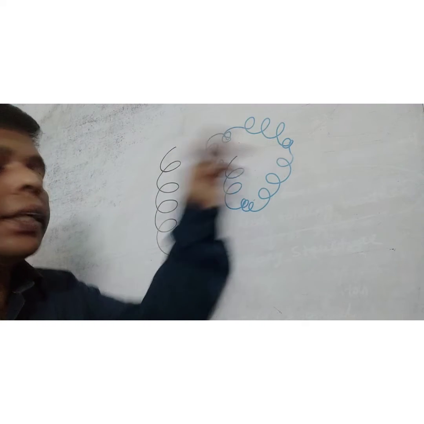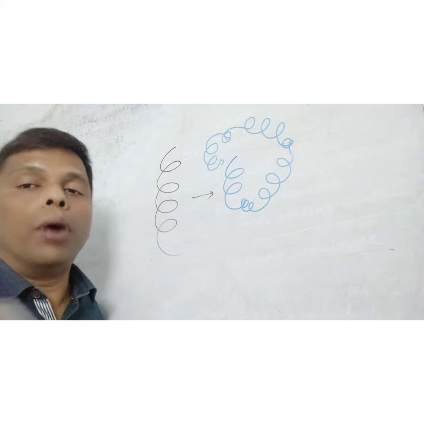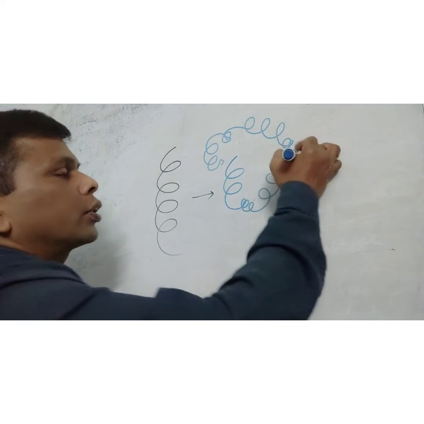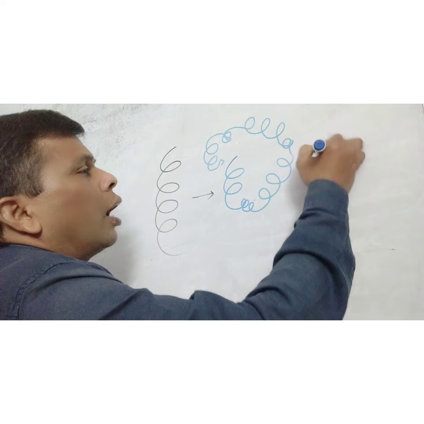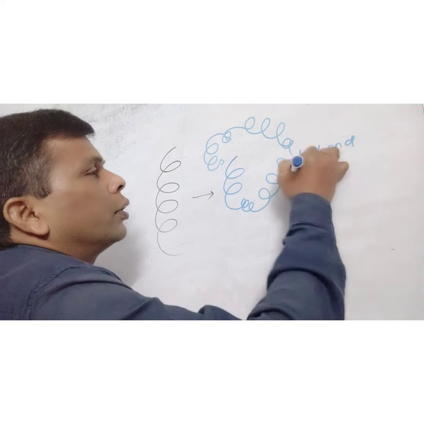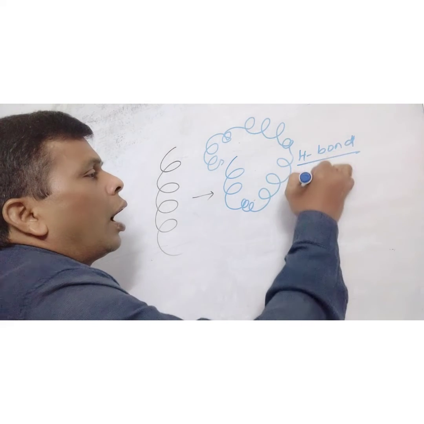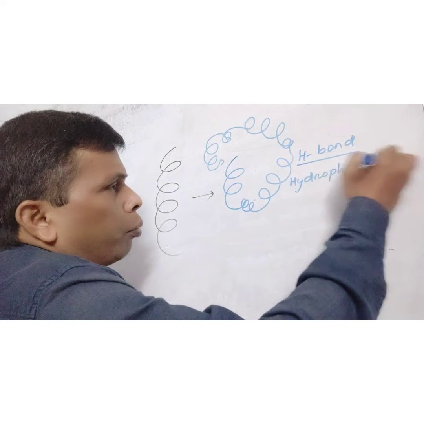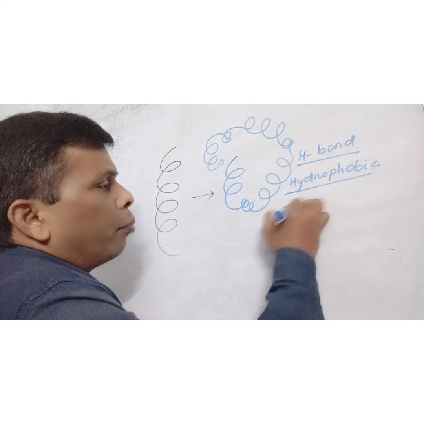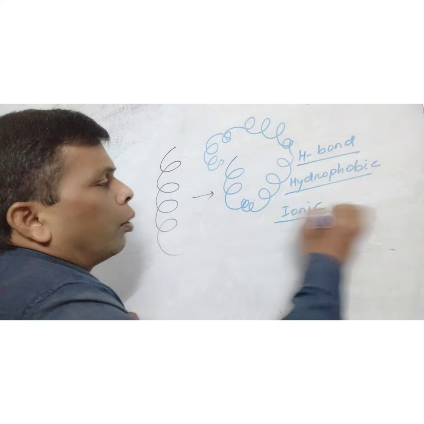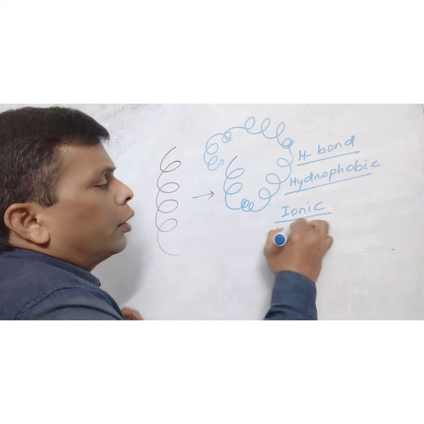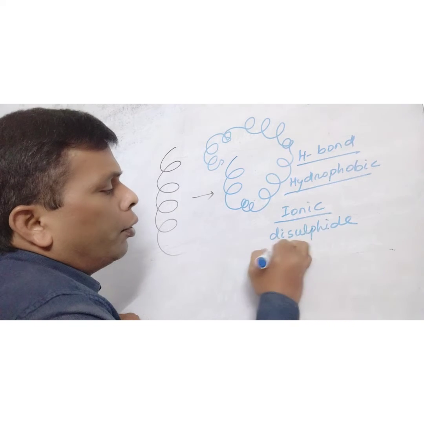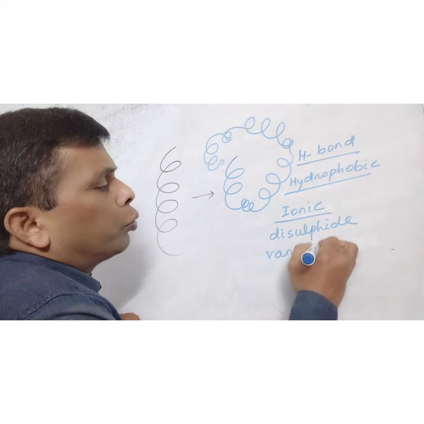This coiling is stabilized by different types of bonds. What are these bonds? It may be hydrogen bond, hydrophobic bond, ionic bond, disulfide bond, or van der Waals force.